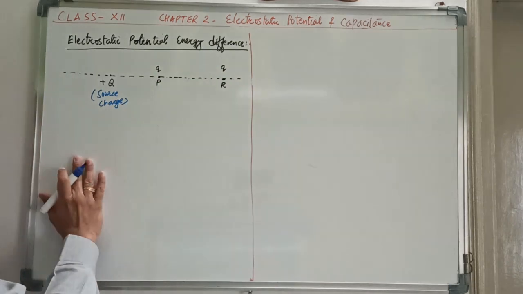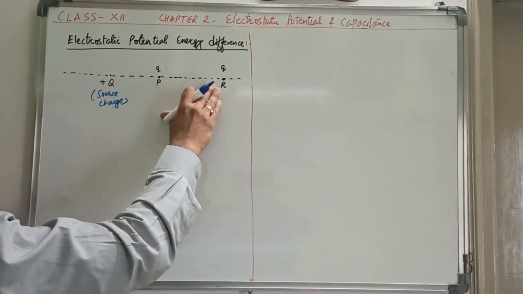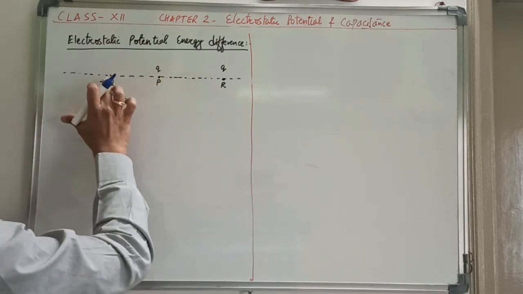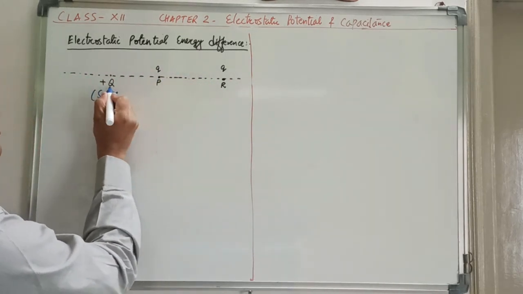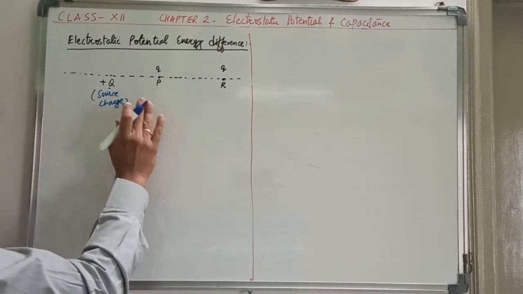Correct? So we know at every point there will be some energy possessed by the charged particle in the electric field configuration of the plus Q. That we can always say, correct?